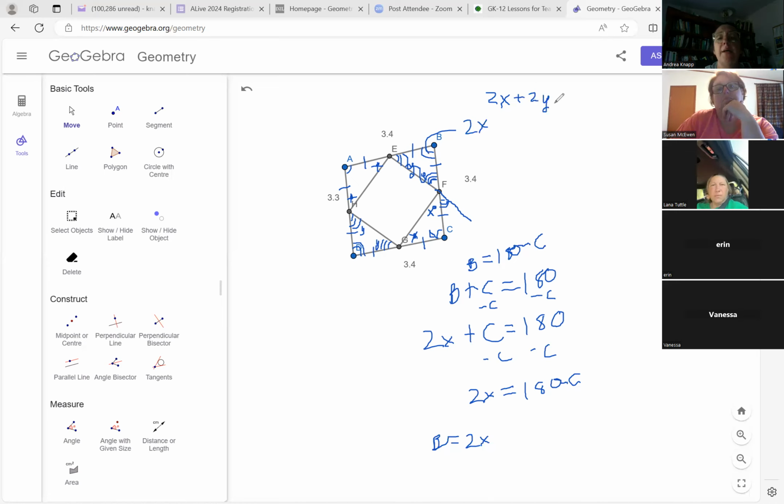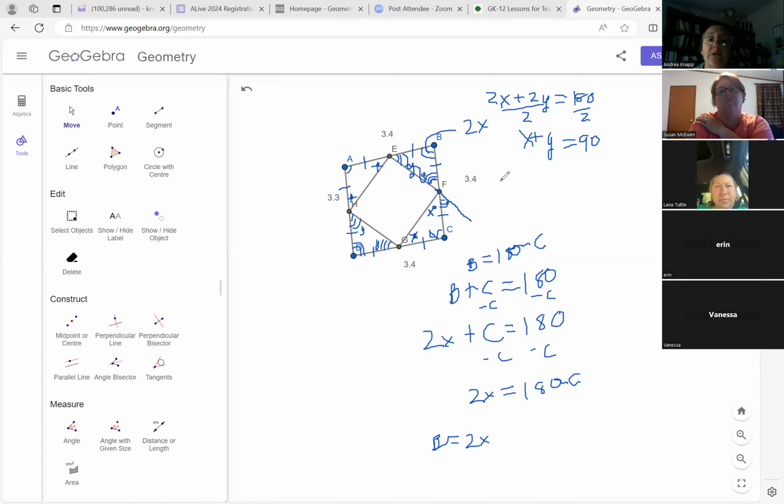So now I have 2x plus 2y has to be 180. And if I divide both sides by 2, oh, this is beautiful. If I divide this by 2, my 2's cancel here and here, I get x plus y equals what? There's your right angle. Equals 90.